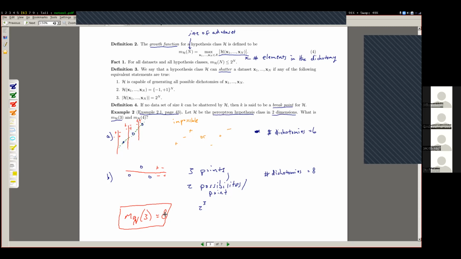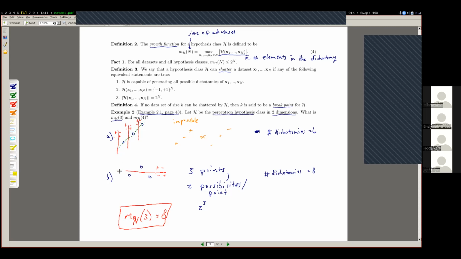Is the range the maximum possible that you can generate from that number? Exactly. It's the maximum number of dichotomies on any possible data set of size 3, for that particular hypothesis class. Yeah, so this is a function of the hypothesis class H. We're specifically looking at the perceptron hypothesis right now.